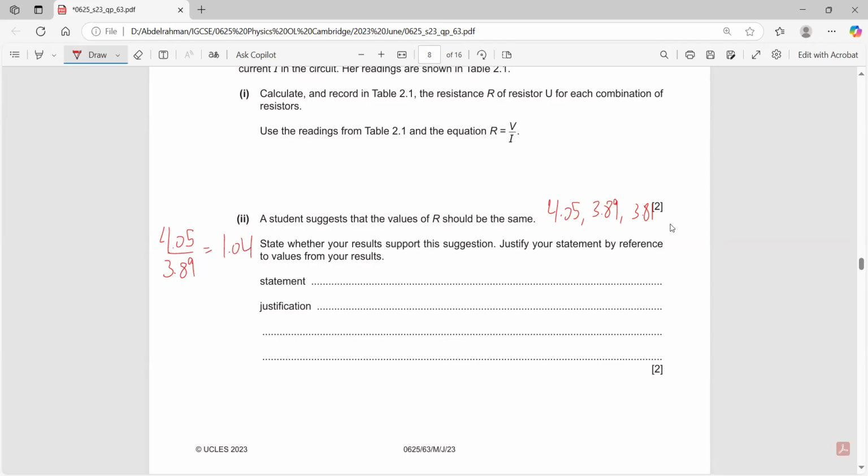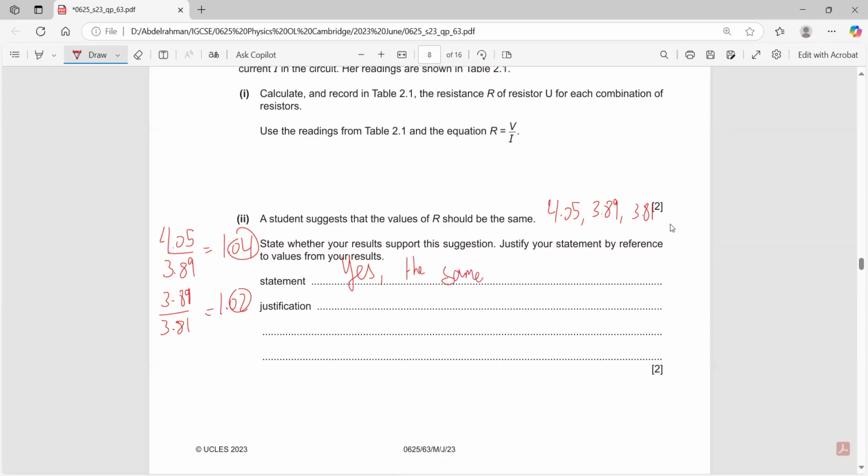What about if I divide the 3.89 divided by 3.81? 0.89 divided by 3.81. 1.02. Definitely acceptable, right? 4% and 2%. They are acceptable. So the statement, yes, they are the same.